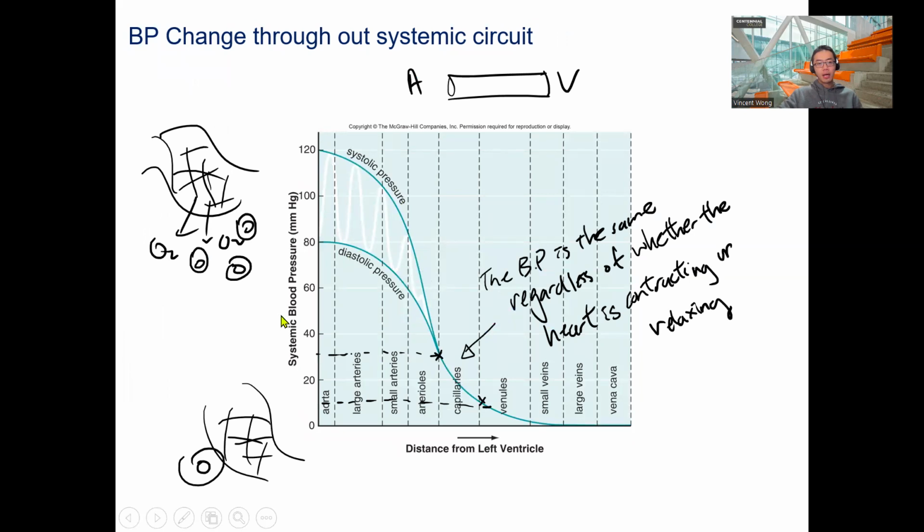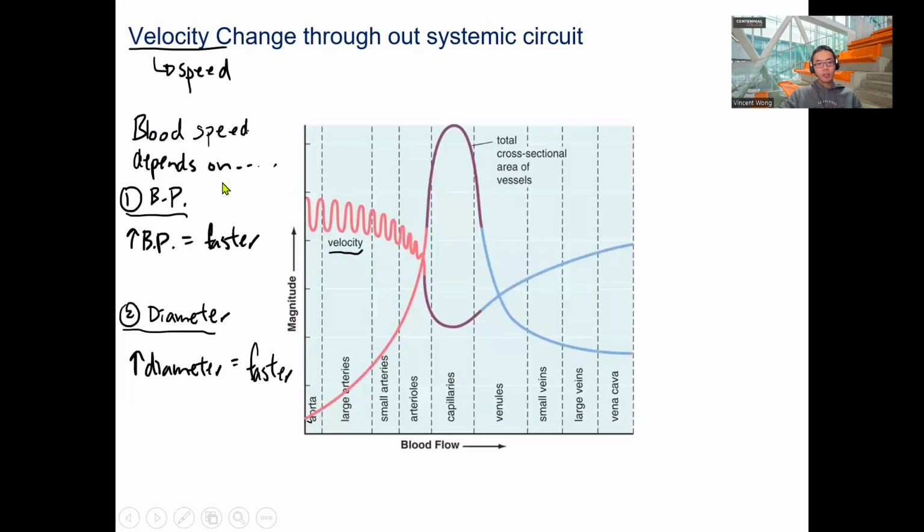And so we said here the speed is dependent on the blood pressure. So if blood pressure fluctuates, then speed is also going to fluctuate at the beginning. But then it will slow down substantially, and then it would be picking up again.